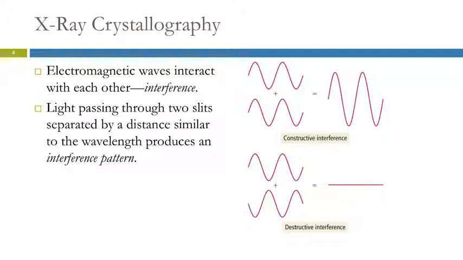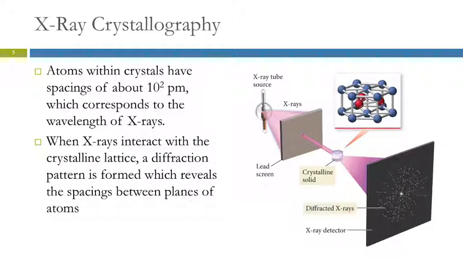Do you remember that double slit experiment, the guy with the box out on the beach? If you get light or any form of electromagnetic radiation passing through 2 slits, where the distance between the slits is similar to the wavelength of the radiation, you can get an interference pattern. So that guy did it with sunlight. You can also do it with X-rays.